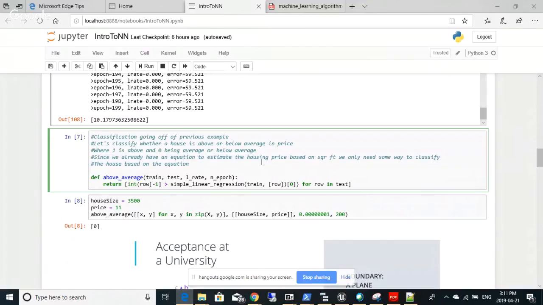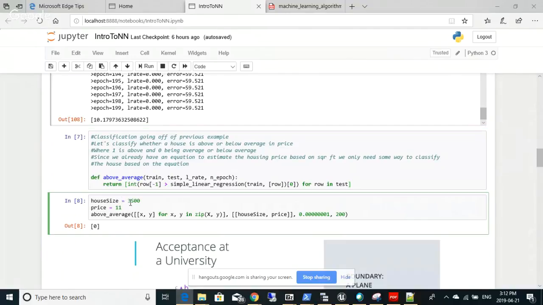Since you already know the estimate equation, you can use your iteration to classify whether a house is above average or not. This is a linear regression, and you predict that it is above average if the housing price is greater than what you predict based on the square footage.